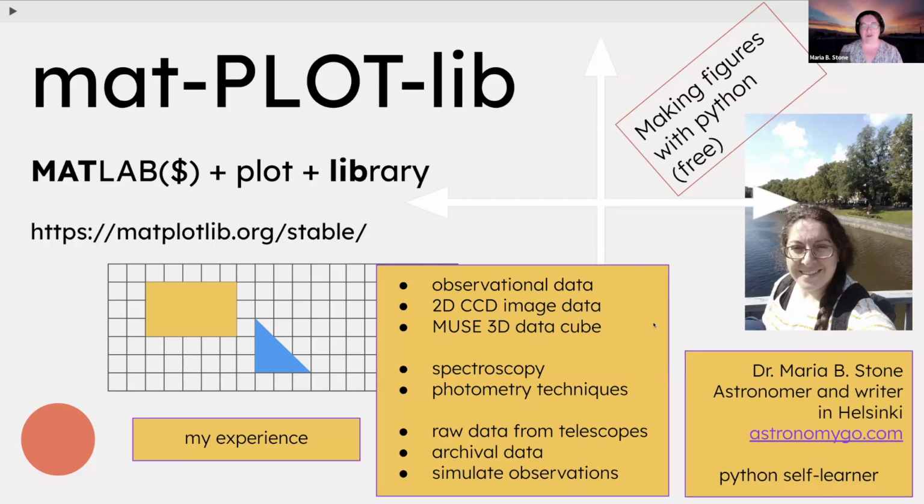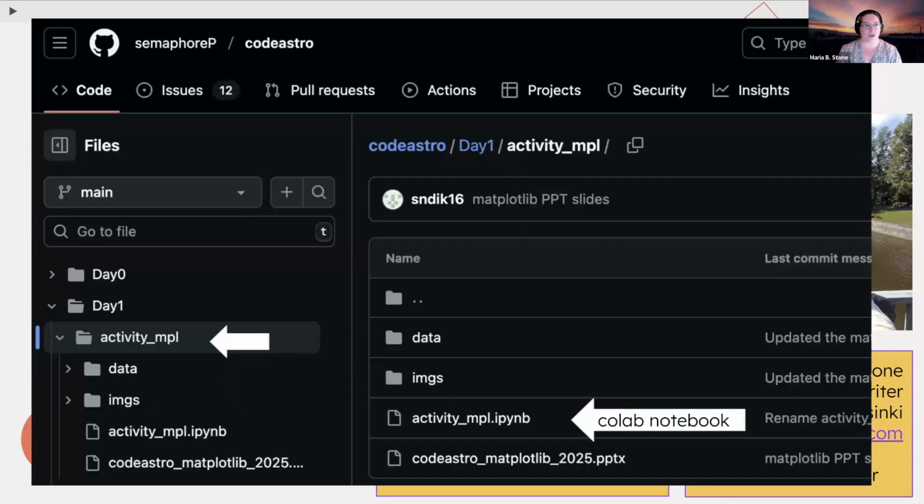I mostly work with observational data, 2D or 3D spectroscopy or photometry, using table data and visualizing it. I did do some simulations and continue to, such as how a galaxy would look if it was exposed for a certain number of seconds in certain filters with certain noise. So this is where my experience comes from, and maybe you know more than I in certain things, so feel free to jump in.